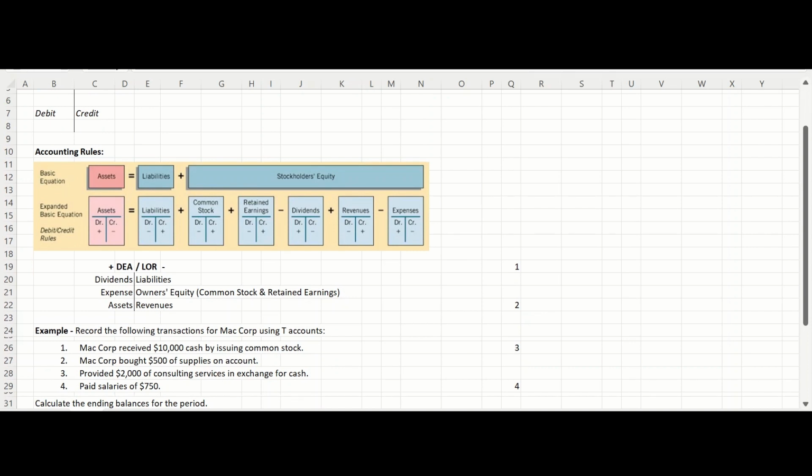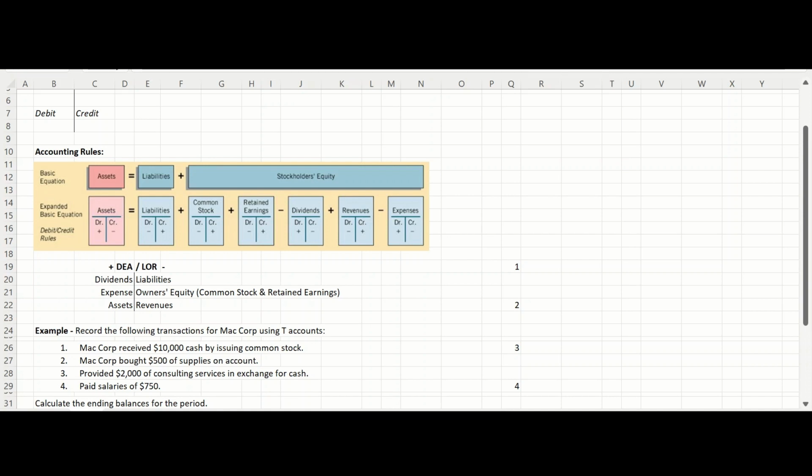Now, T accounts are used to just visually represent a ledger account, where all T accounts are maintained in an accounting system. So it'd be a record of all accounts, and they'd be shown in a T account form. So there are some rules with how debits and credits affect specific accounts. Here I have the basic accounting equation first, where we have assets equals liabilities plus stockholders' equity.